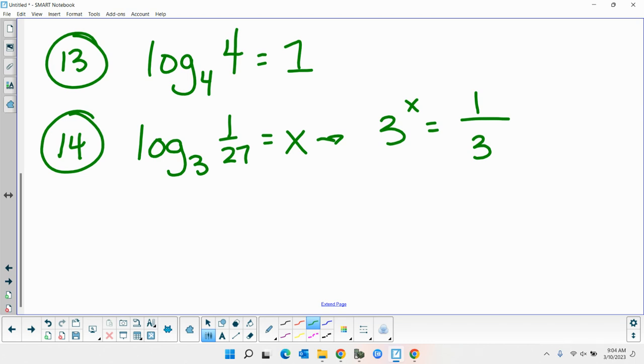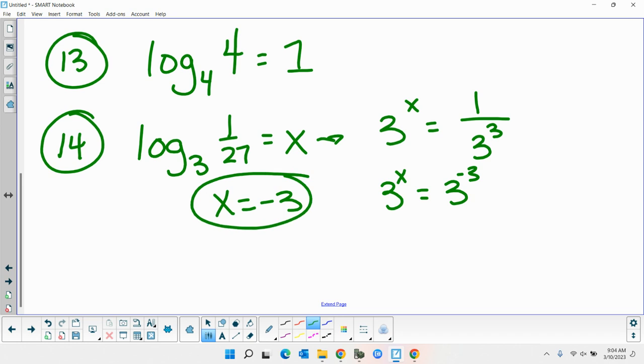So it's 3 to the 3rd. Okay? So since it's in the denominator, to move that 3 up to the numerator, I have to make my exponent -3. So this answer is x equals -3. These are equal now, right? Once you get the bases the same.